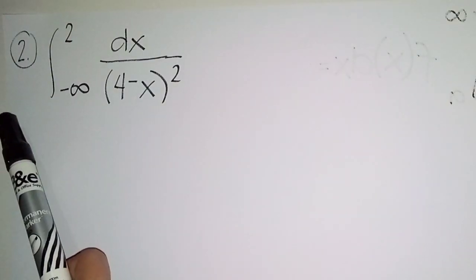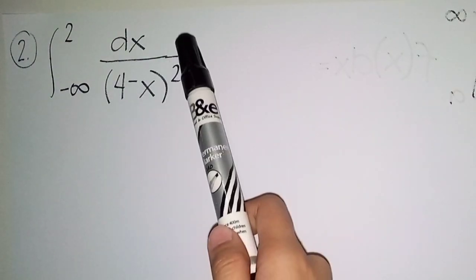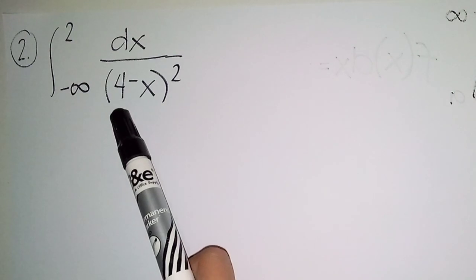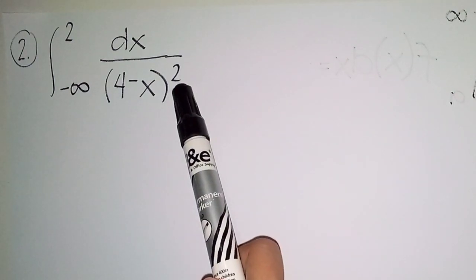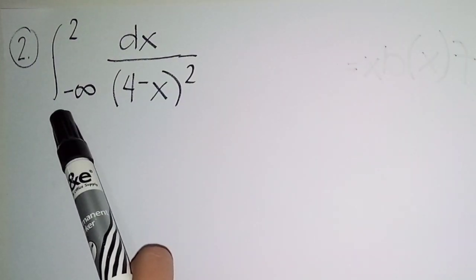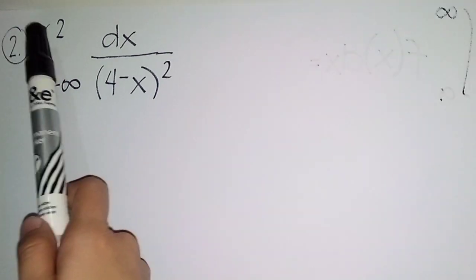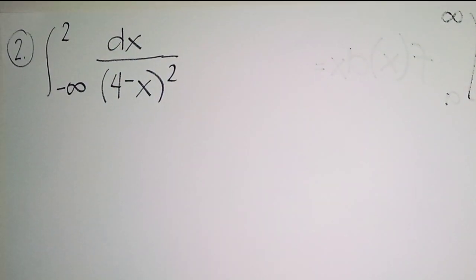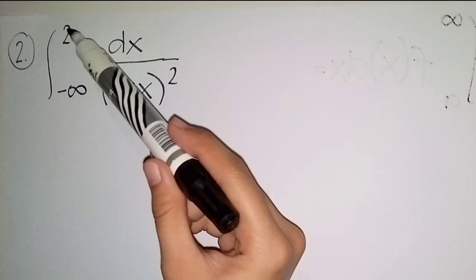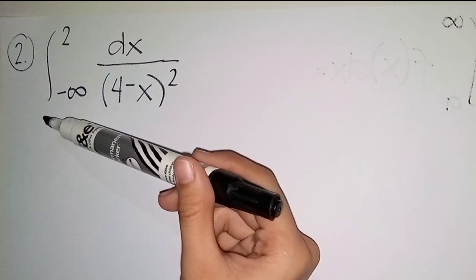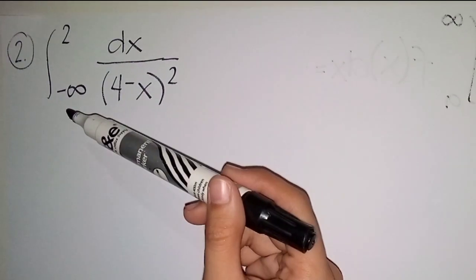In our second example, we have the integral of dx over the quantity of 4 minus x squared from negative infinity to positive 2. As you observe, our upper limit is a constant, and our lower limit is negative infinity.